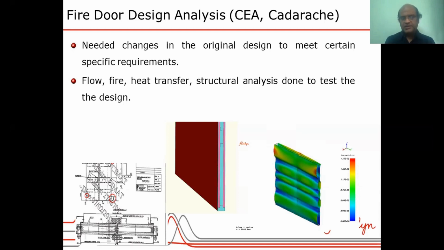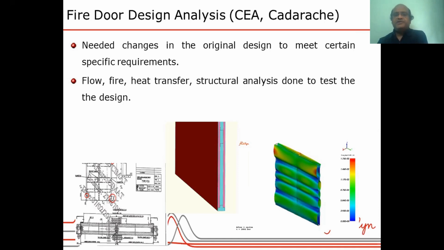For example, with a pressure difference of 200 Pascal between the two sides, the leak should be less than a meter cube per day. So the seals used for these doors should be very good. All these things are considered while designing a fire door for a nuclear power plant.